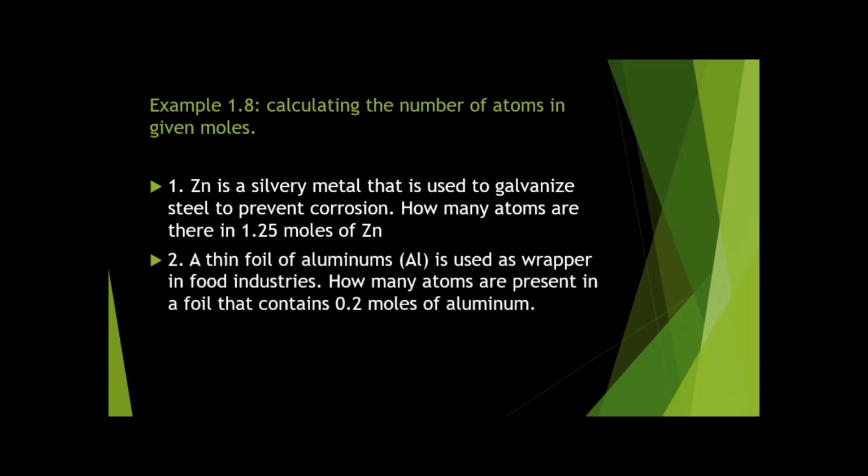And in question number 2, a thin foil of aluminium is used as a wrapper in food industries. How many atoms are present in a foil that contains 0.2 moles of aluminium? Same in question number 2, the number of moles of aluminium is given and we have to find the number of atoms of aluminium. So how do we calculate it?